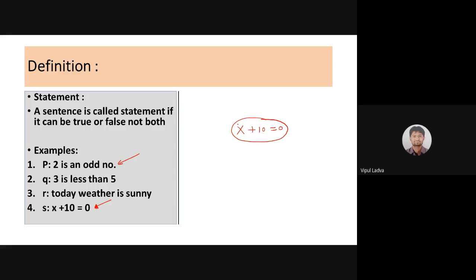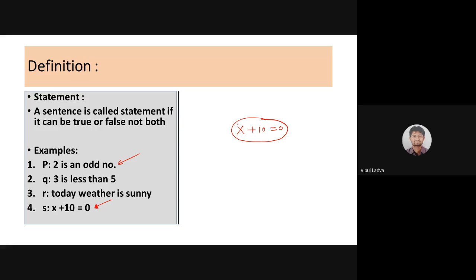If I use x as 0, then this statement will have the truth value true. But if I consider x as 1, 2, 3, 15, anything else other than 0, then this statement will be false.